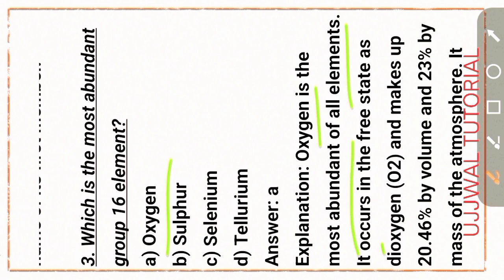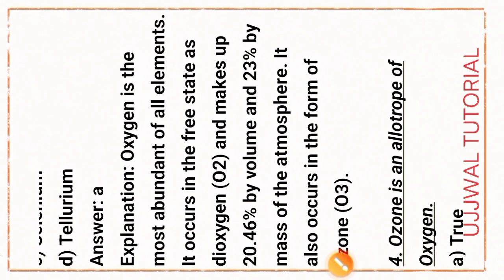It occurs in the free state as dioxygen O2 and makes up 20.46% by volume and 23% by mass of the atmosphere. It also occurs in the form of ozone, O3.